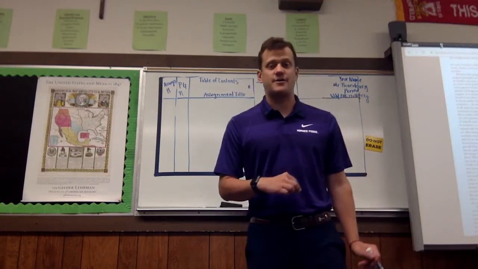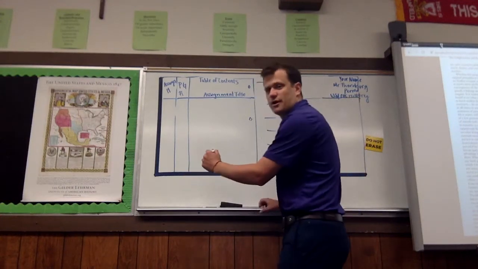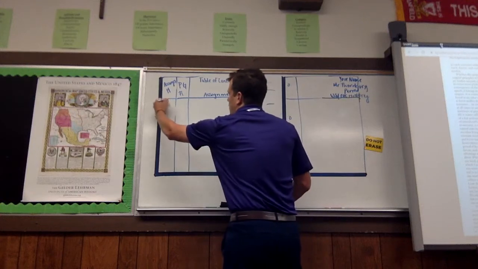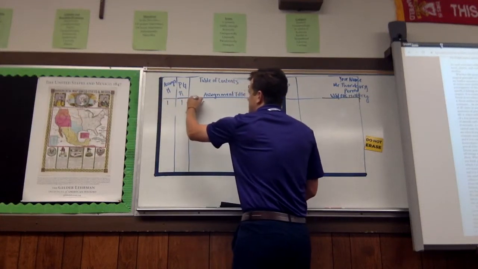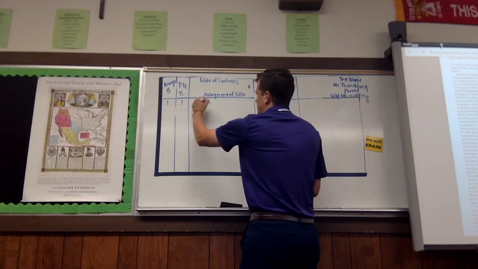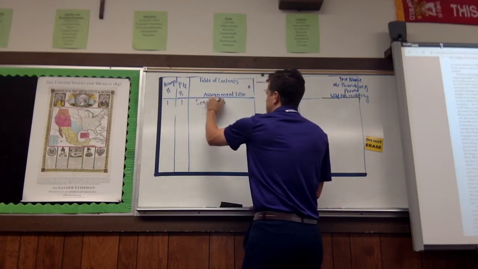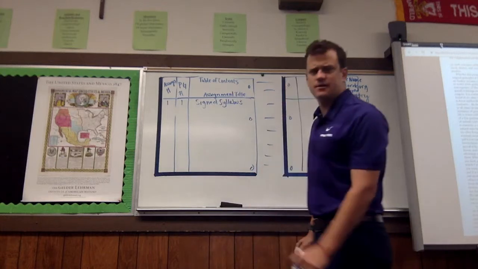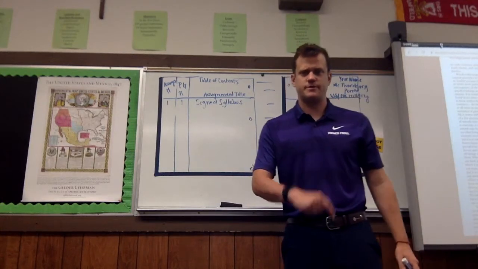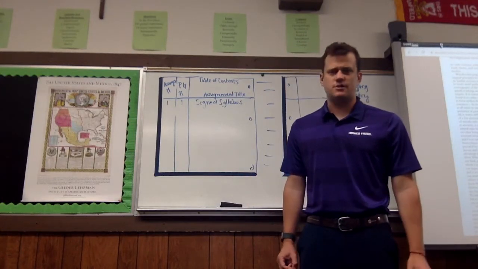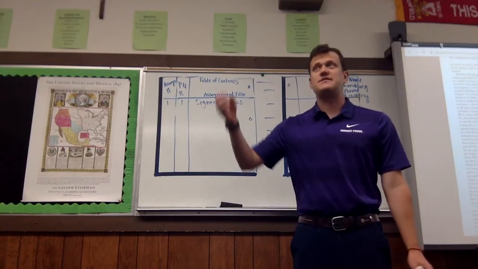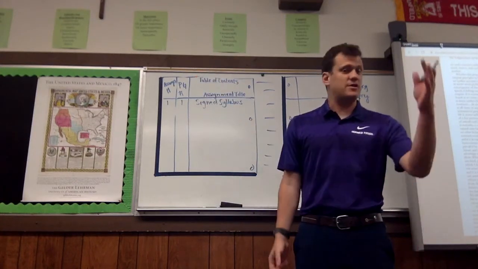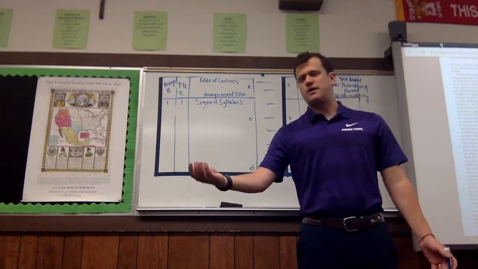Then we're going to flip back to our table of contents, and we're going to write assignment 1 on page 1 is our signed syllabus. Then we're going to flip to page 2. On page 2, you need to write 2 in the top right corner. So if page 1 is on the left, page 2 will be on the right.